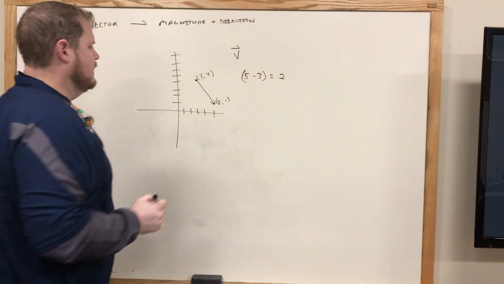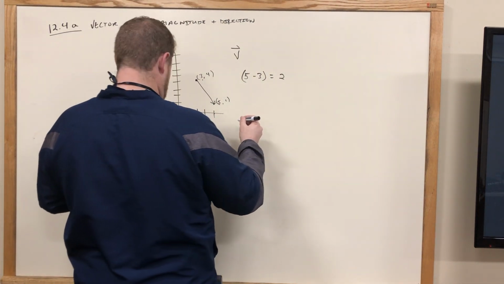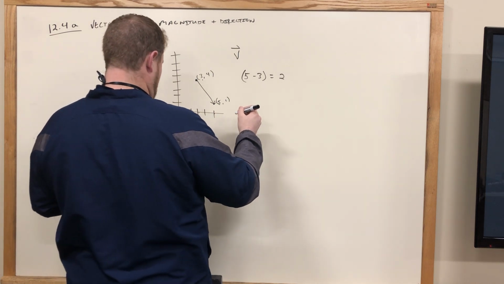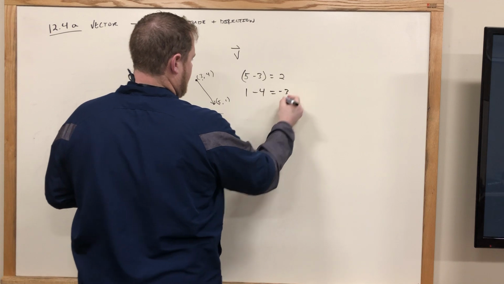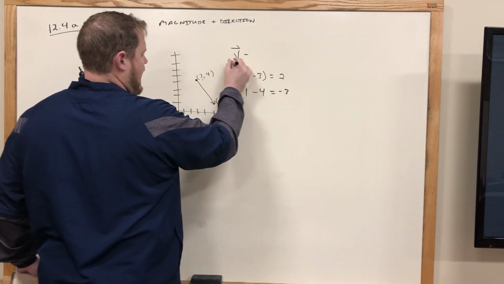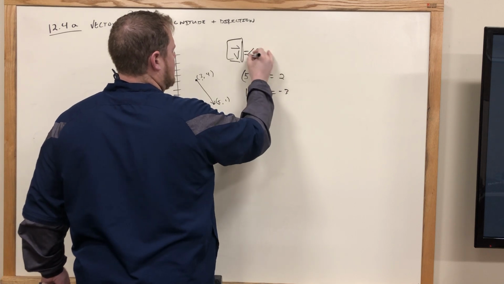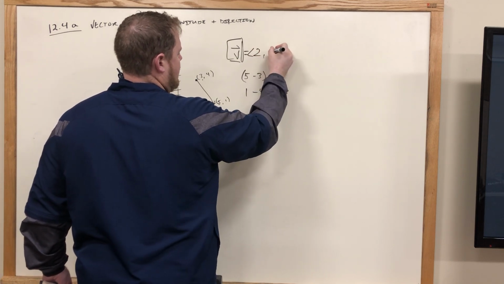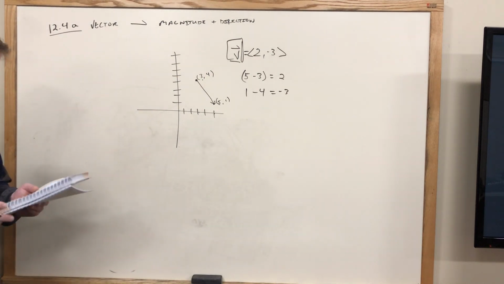And then from 4, it's 1 minus 4, negative 3. So my actual vector is going to be 2, comma, negative 3, with the little arrows. That is how I would write a vector.